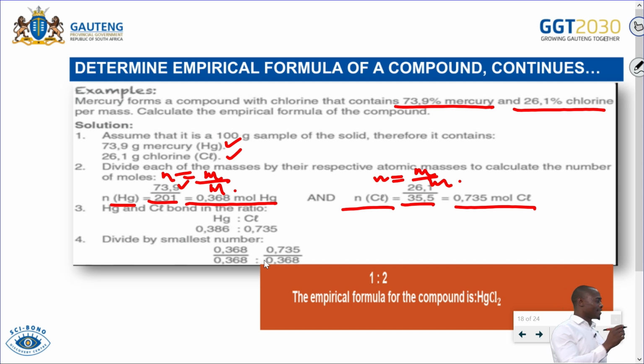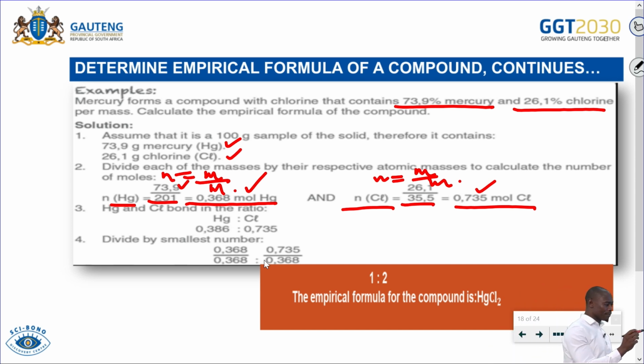So this is the number of moles of mercury, and then this is the number of moles of what? Of chlorine. Then from here, we have to find the ratio of mercury to what? To chlorine, right? So you divide the number of moles of each element by the smallest number of moles. So the smallest number of moles here between mercury and chlorine is the number of moles of mercury, 0.3, and for chlorine it's 0.7.